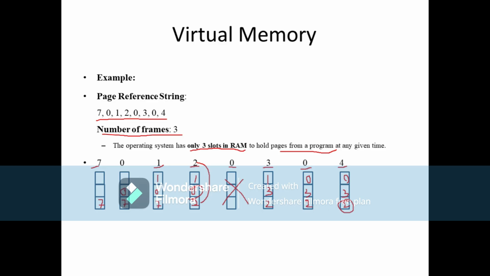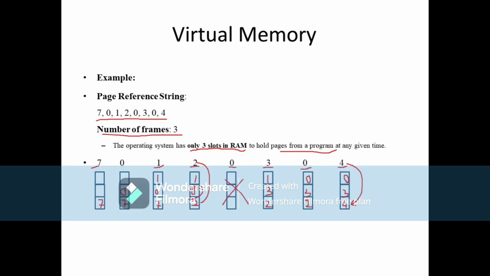When you compare page numbers 0, 3 and 2, the oldest is page number 2. So we need to replace page number 2 with 4, and 4 will be loaded at the place of 2. So let's do that.